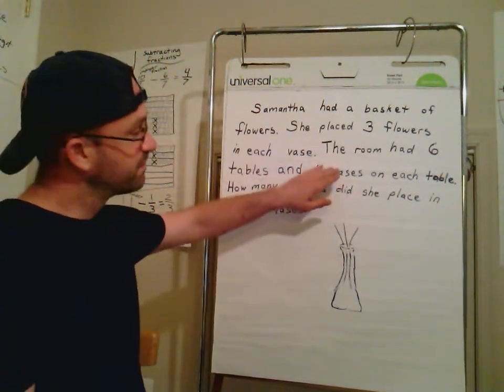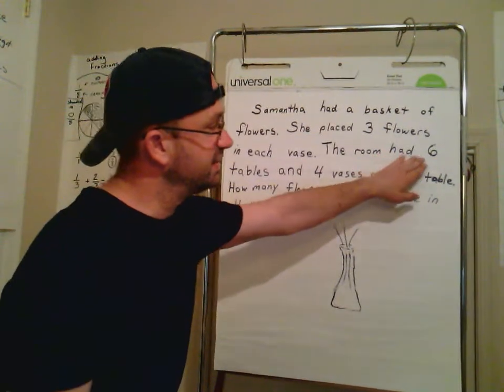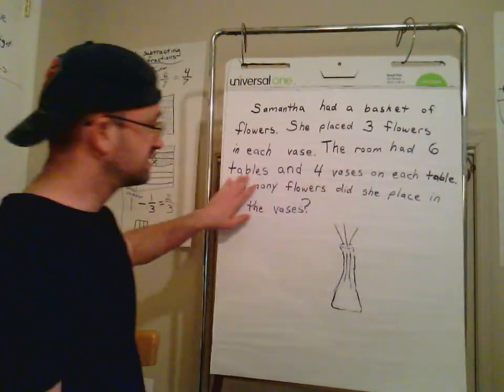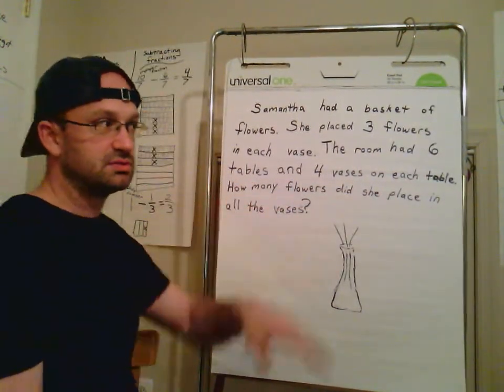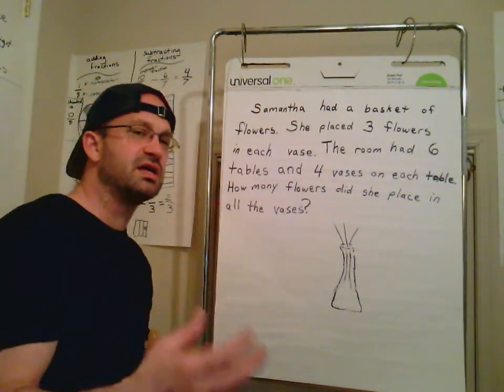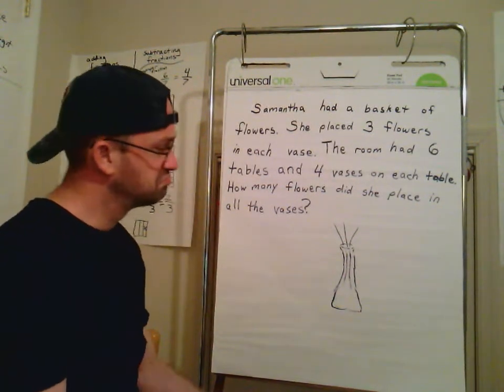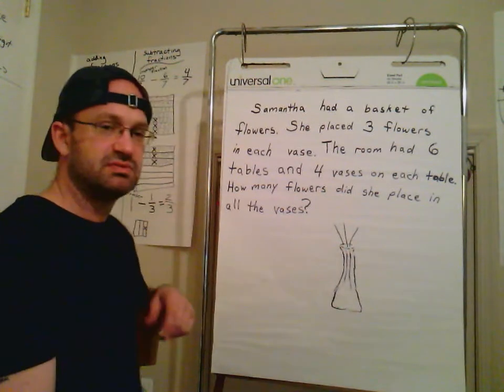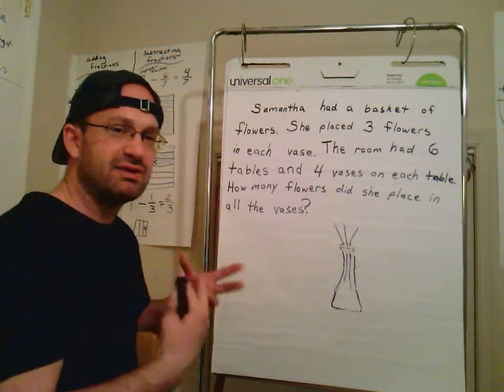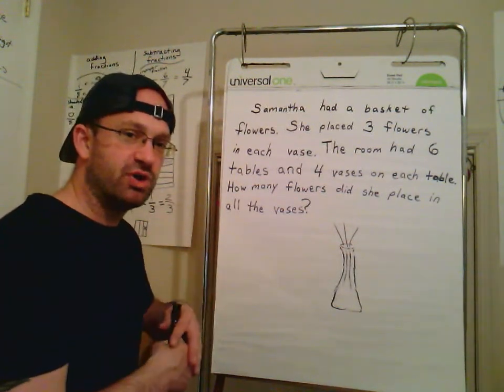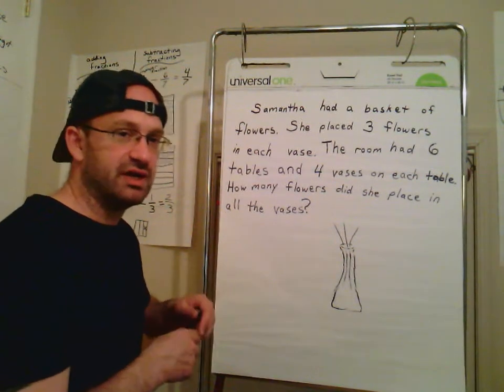Okay, let's read on. The room had 6 tables. Okay, that doesn't tell us how many vases yet. 6 tables. So I might want to think about, do I have to draw these tables? Do I not have to draw them? What do I need? Are they important for this story? We'll find out in a minute.